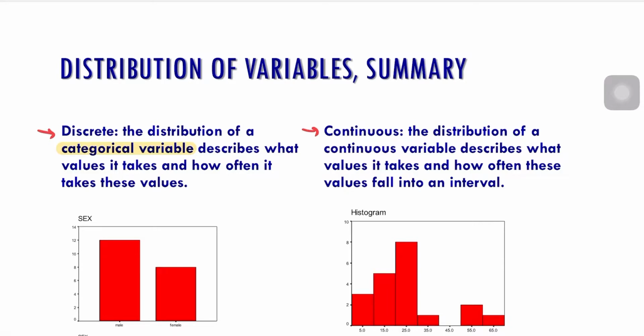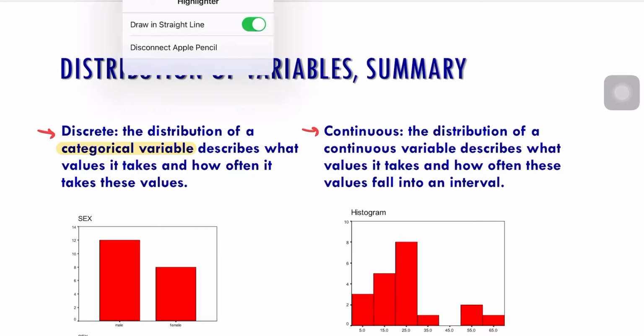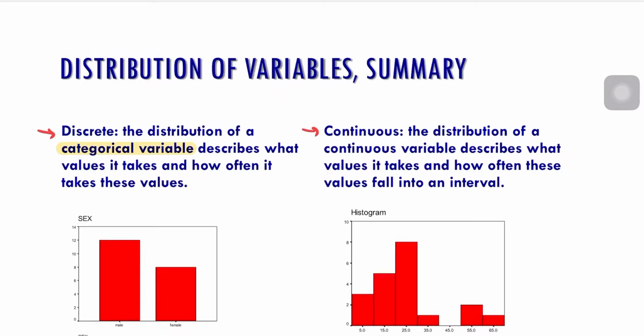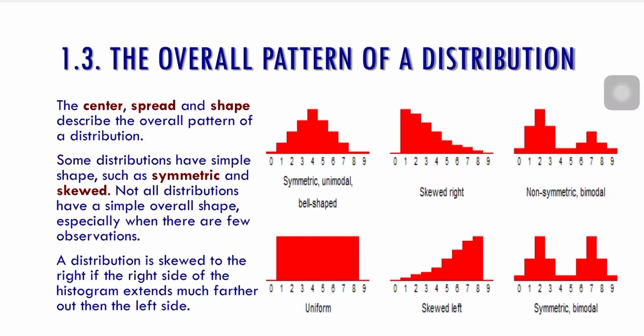But in the continuous case, we have a continuous variable, and again it shows this situation, but in the continuous variable we can have the minimum and the maximum, which is very important for us. And in the overall pattern of the distribution, we can also see how our data can be distributed systematically.